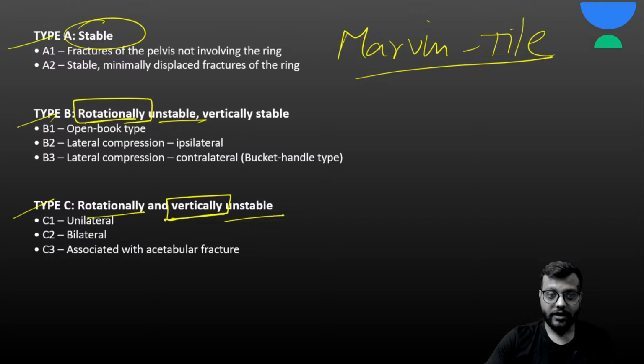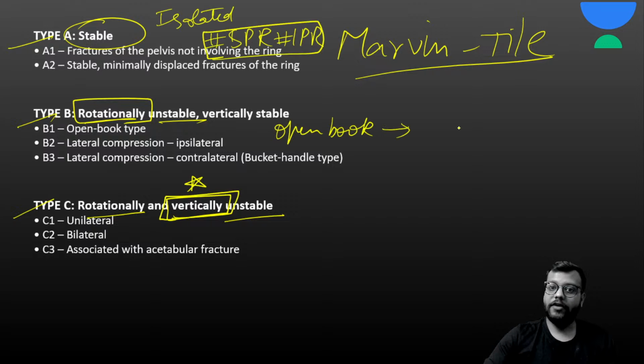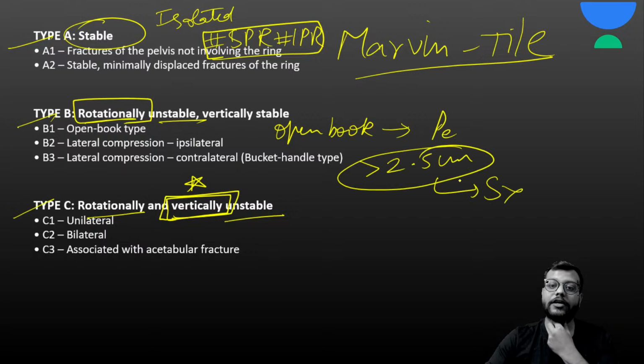Okay, and here you will have the open book fracture where, if the gap in the pubic symphysis is more than 2.5 centimeter, then you have to go for surgery by external fixator or internal fixation. In an open book fracture the gap in the pubic symphysis increases, and that is called pubic diastasis.